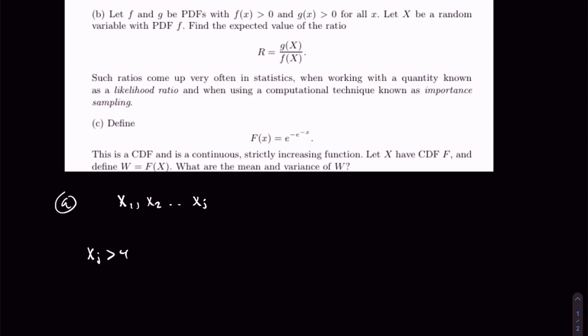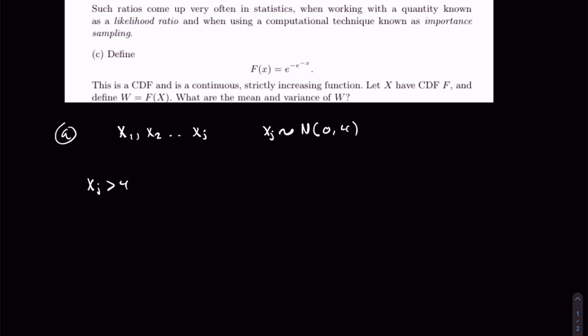And so what does it mean that xj is larger than 4? We're given the information that any xj is distributed normal, 0, 4.